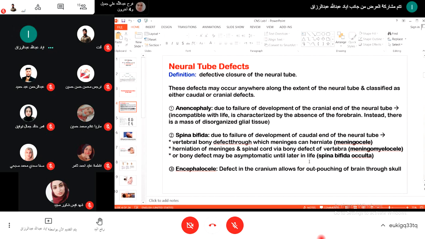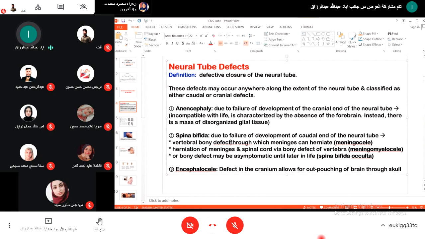When the defect in the development of the neural tube occurs at the caudal end, there is what is called spina bifida. Spina bifida is a group of disorders, not a single disorder, characterized by a defect in the vertebral arch.